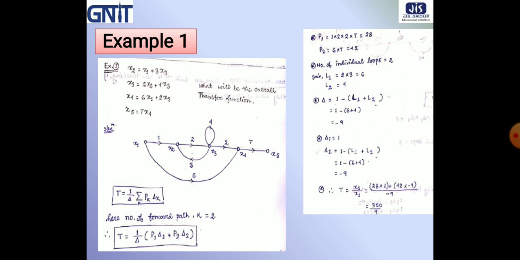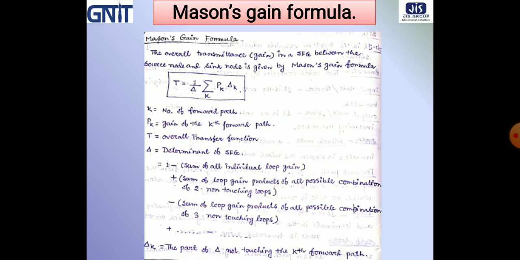So according to Mason's gain formula, delta is equal to 1 minus the sum of the individual loop gains, plus the sum of the gain products of all possible combinations of two non-touching loops. So 1 minus L1 plus L2 are the individual loops. So 1 minus the sum of the individual loop gains means L1 plus L2.